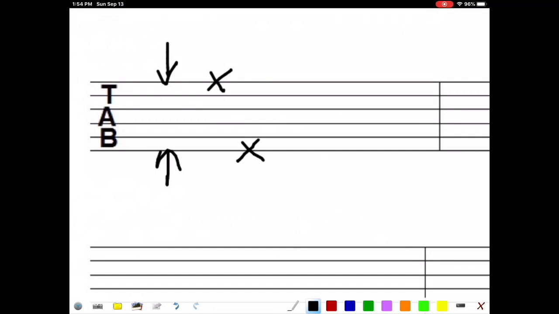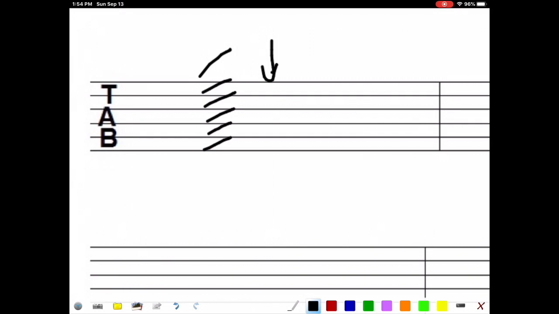And another example, if I put an X here, that would mean I would be asked to play the third string. So once again, we have our 6 lines, 1, 2, 3, 4, 5, 6. It's very important to remember this is our first string, or the skinny string, and this is the fat string, or the sixth string.